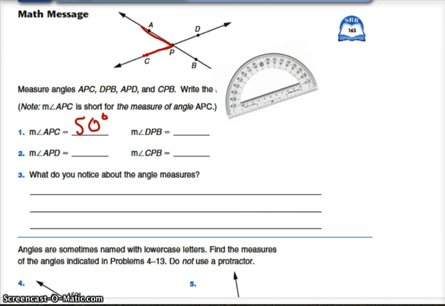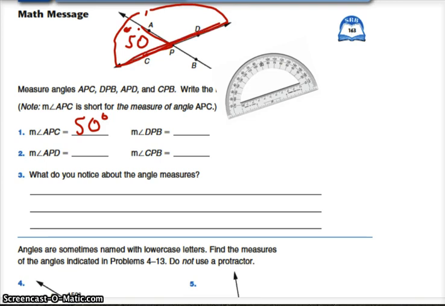One of the cool things about this is that now that we've solved this, we have a piece of the puzzle solved. If we look at this line, what would you say this measurement over here is? We'd say that's 180 degrees. So what we can conclude is that if this side right over here is 50, then we can subtract 50 from the total of 180.